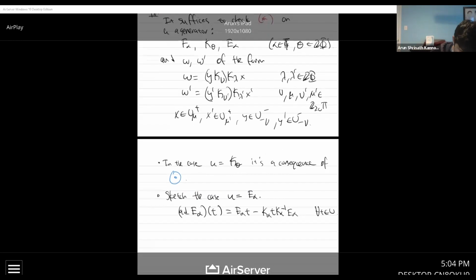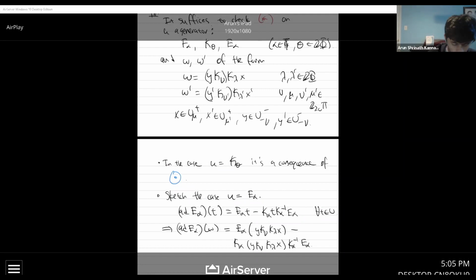So what this implies is that ad E alpha of w, as we've written it, is going to equal E alpha y K nu K lambda x minus K alpha y K nu K lambda x K alpha inverse E alpha.